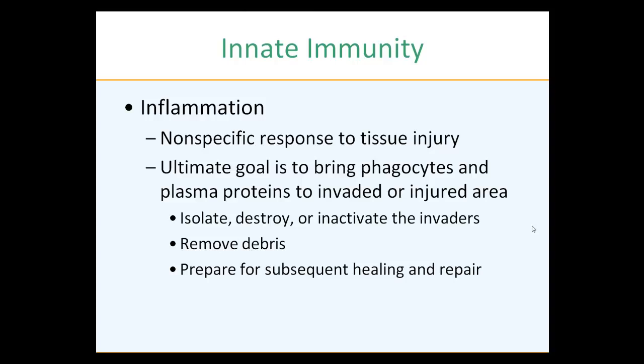Why plasma proteins? Well, plasma proteins have the ability to neutralize, if your plasma already has antibodies, therefore you're bringing in antibodies, you're going to bring in complement proteins, and we're going to learn about the complement proteins in a short bit. And the idea is to isolate and destroy or at least inactivate the invader.